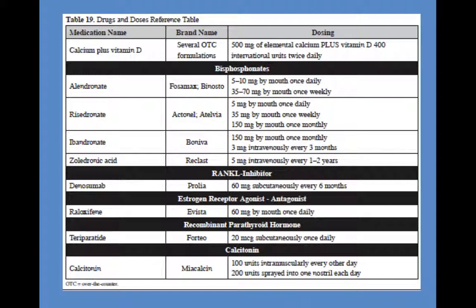And then calcitonin can be given intramuscularly every other day or as a nasal spray. I think that one is kind of falling out of favor based on other possible medications. When it was used, we only had bisphosphonates, but now that these other medicines are coming out for patients who can't tolerate bisphosphonates, its use has really fallen by the wayside.